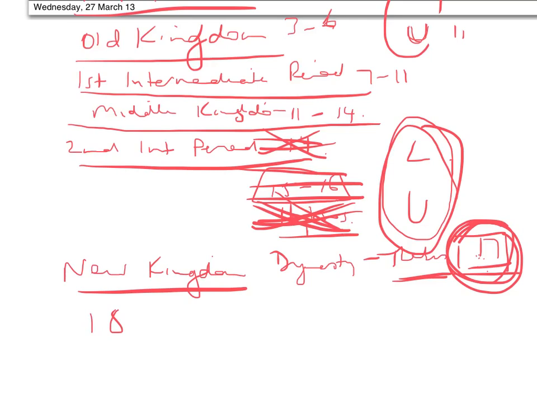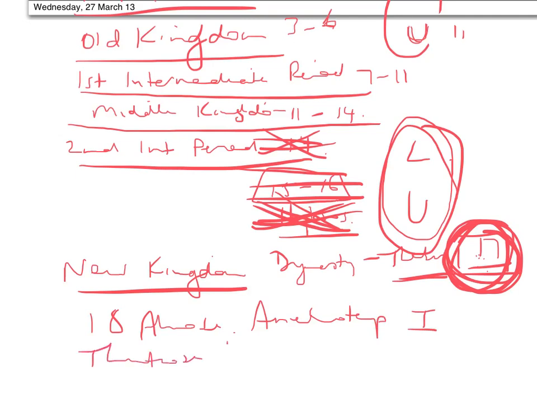Dynasty 18 is the period that we look at, and we look at where Hatshepsut fits into that. We have King Ahmose, whose brother Kamose was in the 17th dynasty. We have another king, Amenhotep the first, and then we have Thutmose the first, who is Hatshepsut's father.